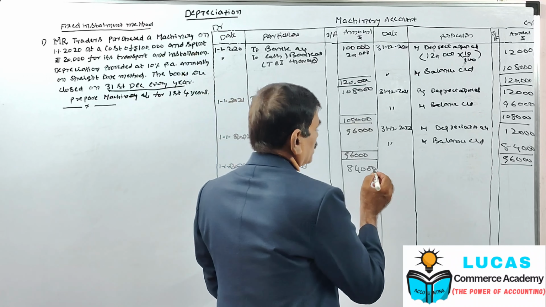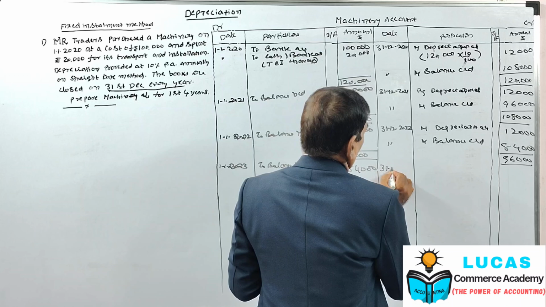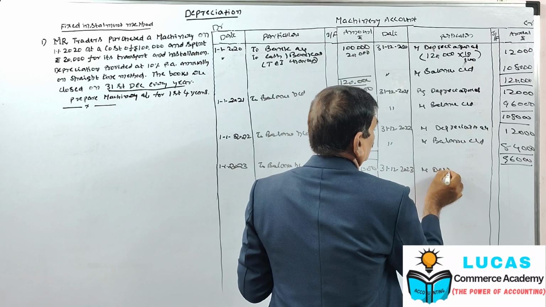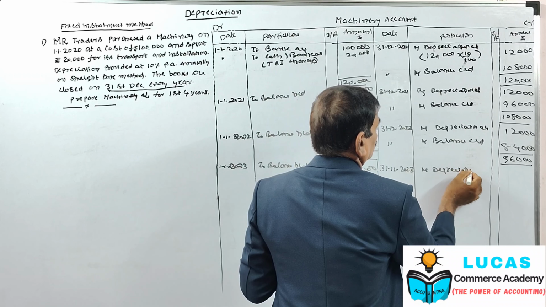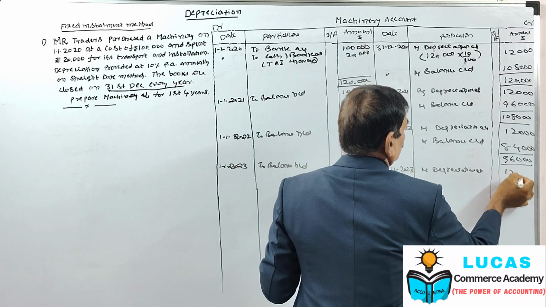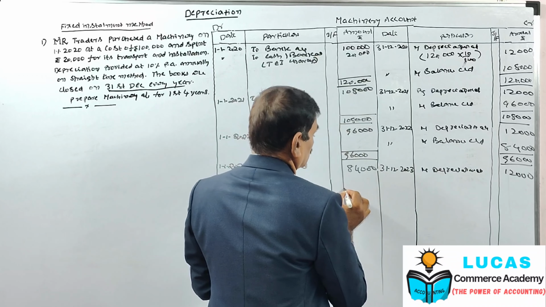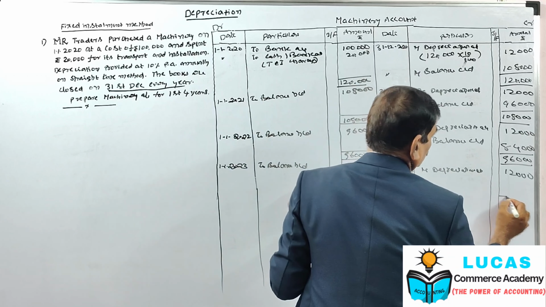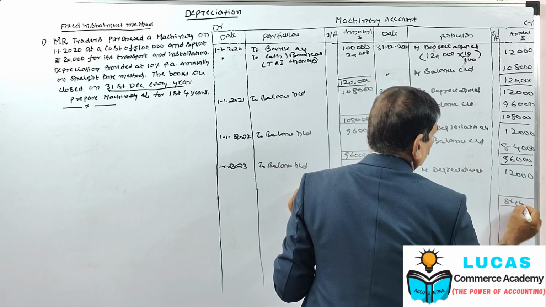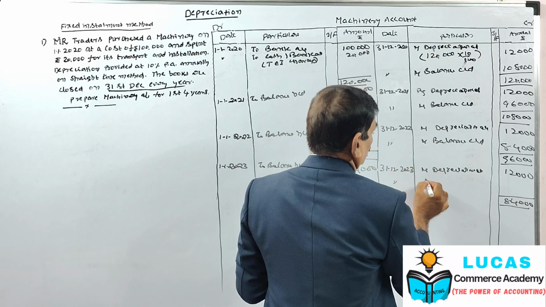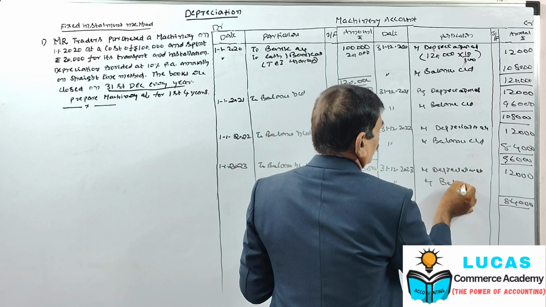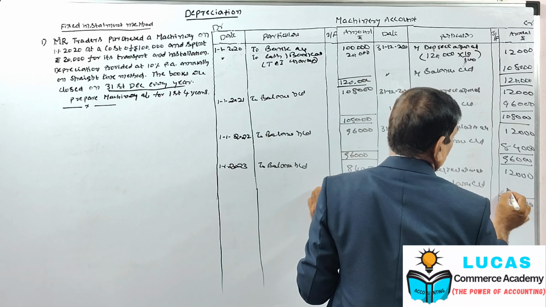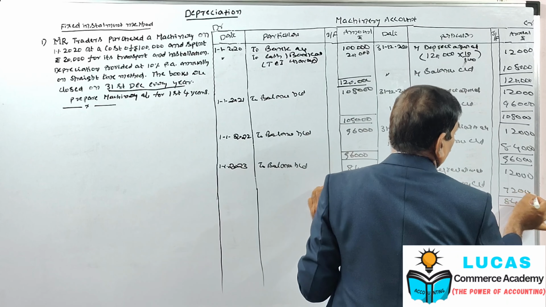Then we provide depreciation, same date 31/12/2023 by depreciation account 12,000. Then balance, same date by balance C by D. So that means 72,000.